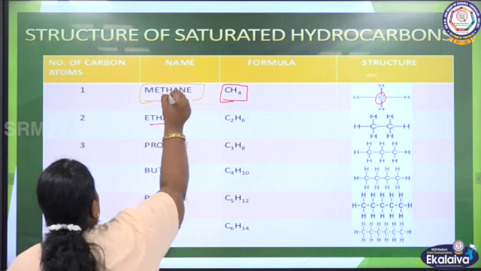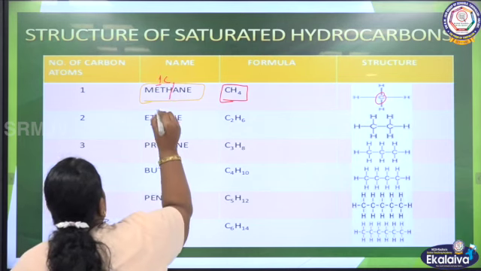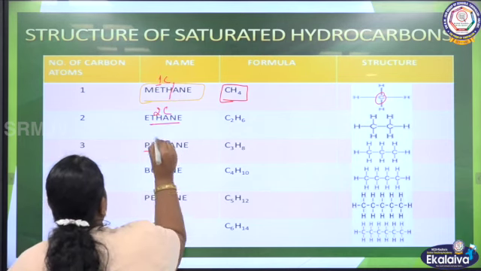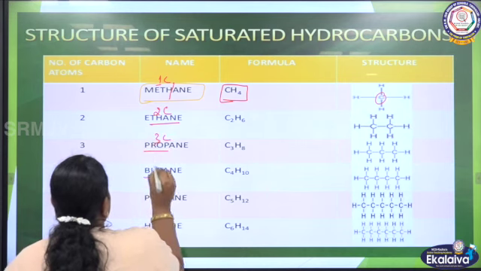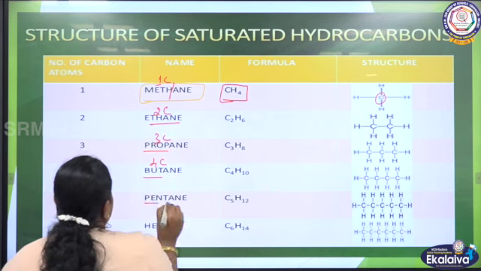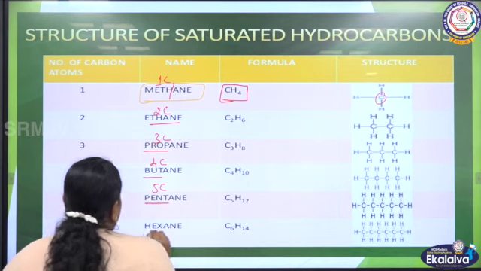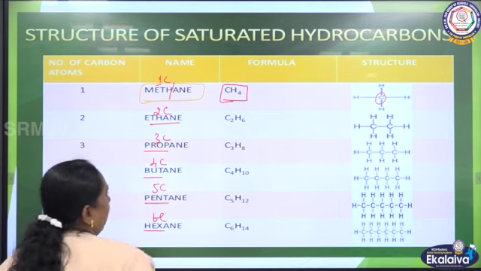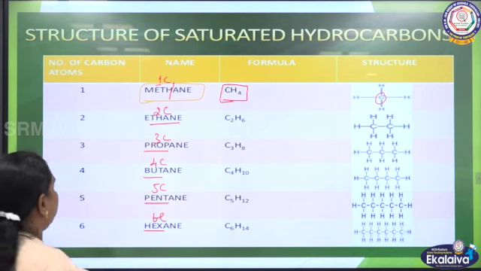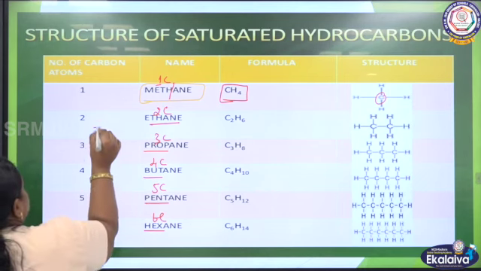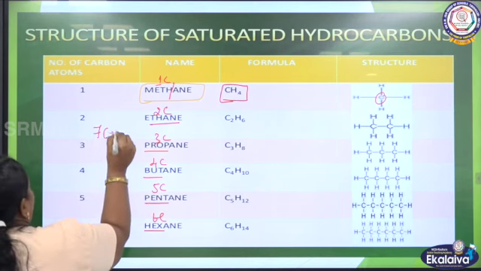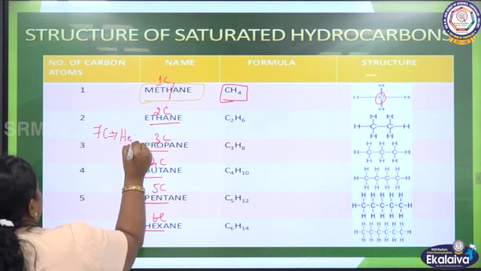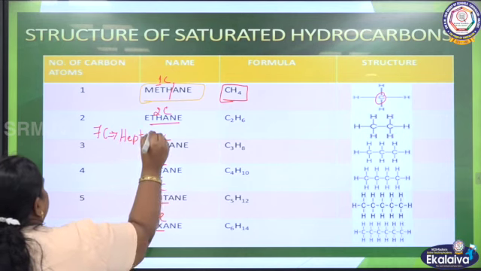Already I told you, meth for 1 carbon, eth for 2 carbon, prop for 3 carbon, but for 4 carbon, pent for 5 carbon and hex for 6 carbon. If more than 6 carbon comes, how to name that? If there are 7 carbon atoms in a compound, then they are called heptane.